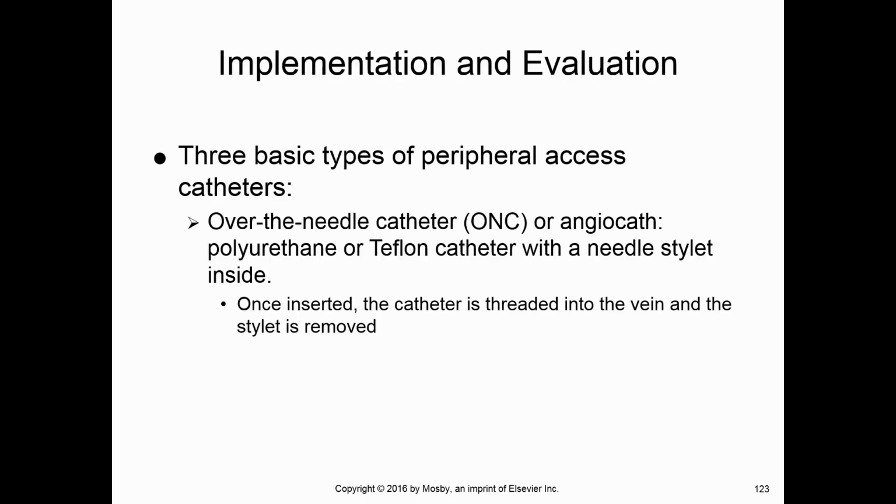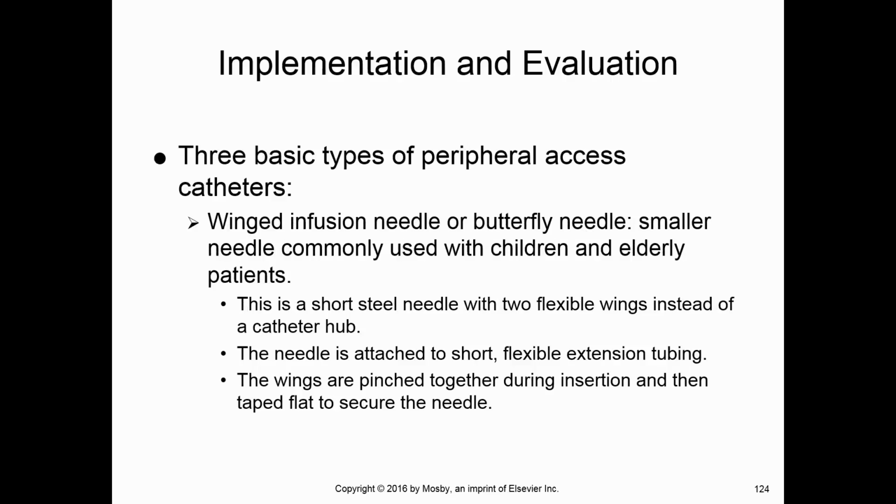Basically, there is that little needle that we use to puncture with, but over top of the needle is the catheter, that little soft, flexible catheter. Once we get into the vein, we thread the catheter off the needle and into the vein and then pull the needle out. The needle is what they call the stylet.